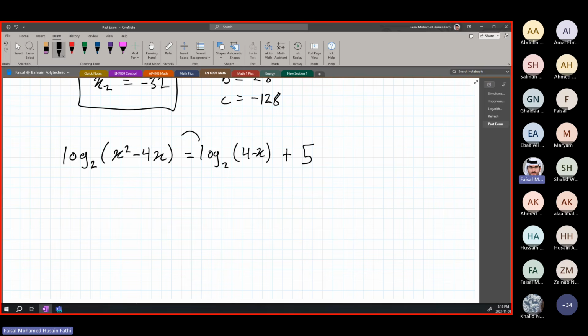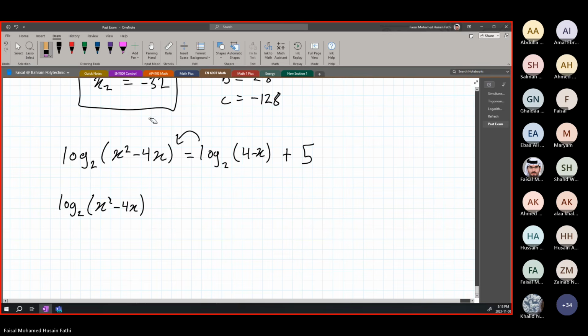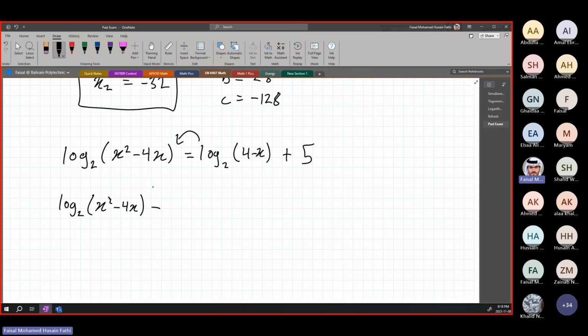So in this case we will take this log and move it here. We have log 2 of x squared minus 4x is equal to minus log 2 of 4 minus x plus 5. Simple.